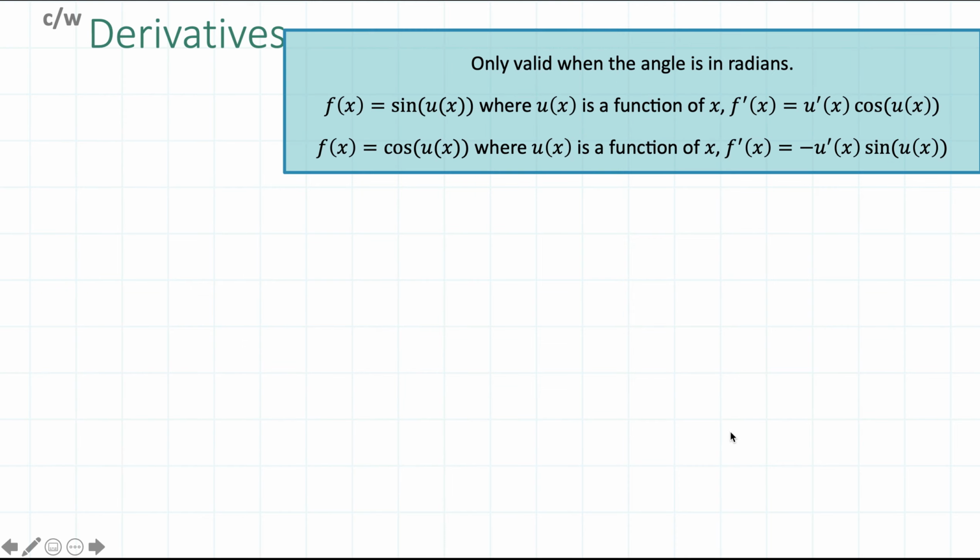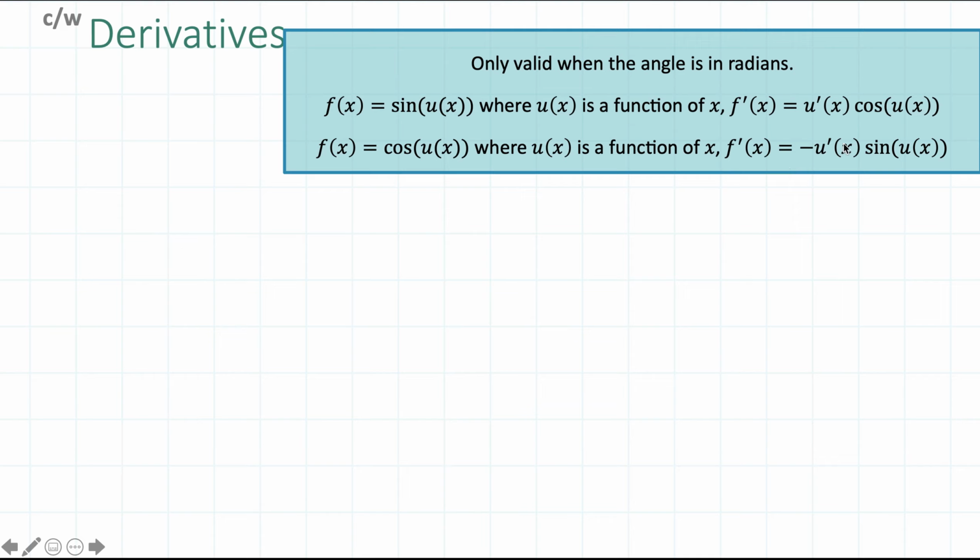Now what if the argument, again defining what an argument is, whatever's inside the sine or the cos, we call this the argument. So what if the argument was a complex function? It wasn't just x, it was something more. Well, what you're going to do is similar to the chain rule. It's actually the chain rule, but we're just going to simplify it by saying this.